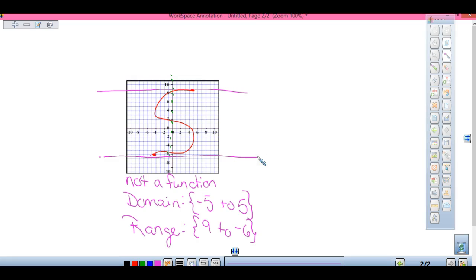My domain is going to be my x's, so how far does it go across? That goes from right there to right there. So this one goes from -5 over to 5. Does that make sense?